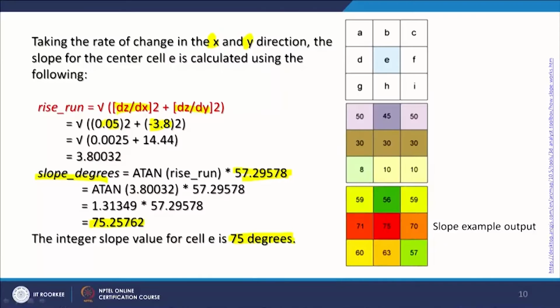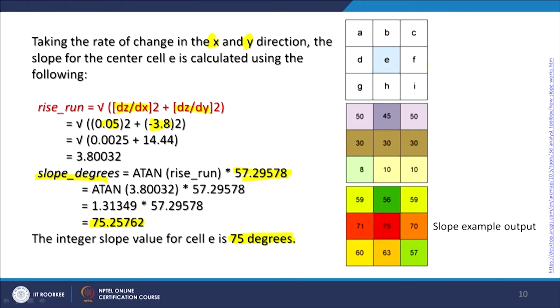These are not represented in our results as fractions, because that kind of accuracy is not really required for topographic slope. So a rounded figure is represented for degrees, and if somebody is very keen, some modifications can definitely be done so that you can get even the decimal places. So, 75 degrees.